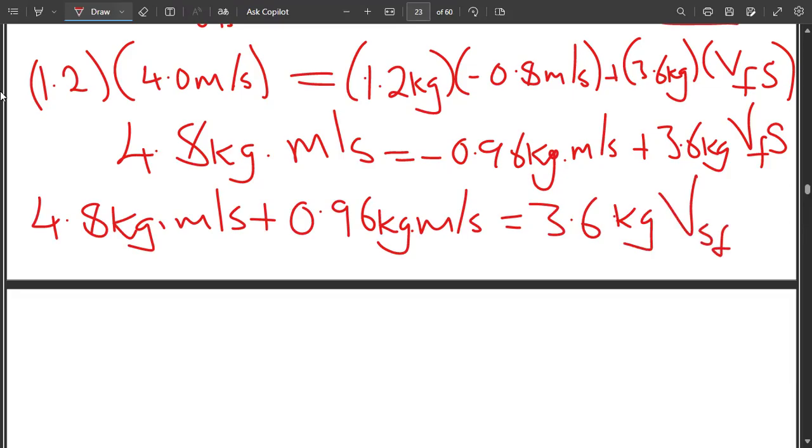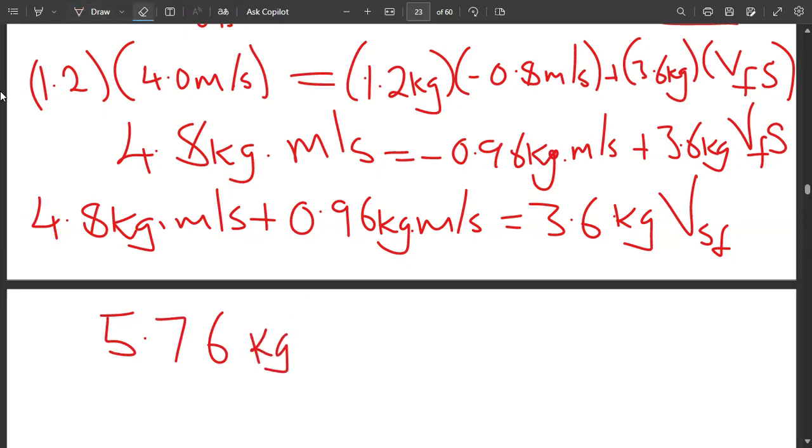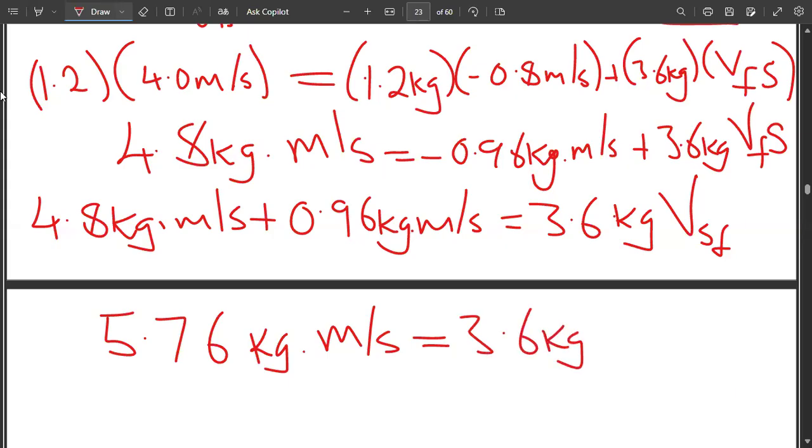So if I add 4.8 plus 0.96, I'm getting 5.76, of which this is in kg meter per second, being equal to 3.6 kgs V final of S.